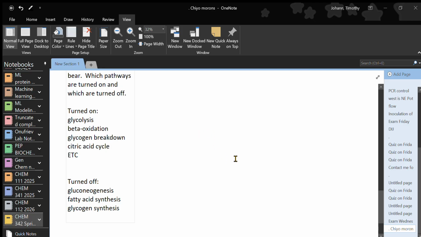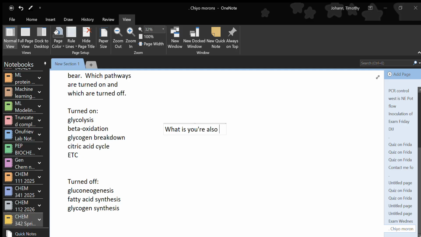Okay. Let's say you're running from a bear, and what if you're also starving? You break down the muscle. So you're going to be making ketone bodies, right?